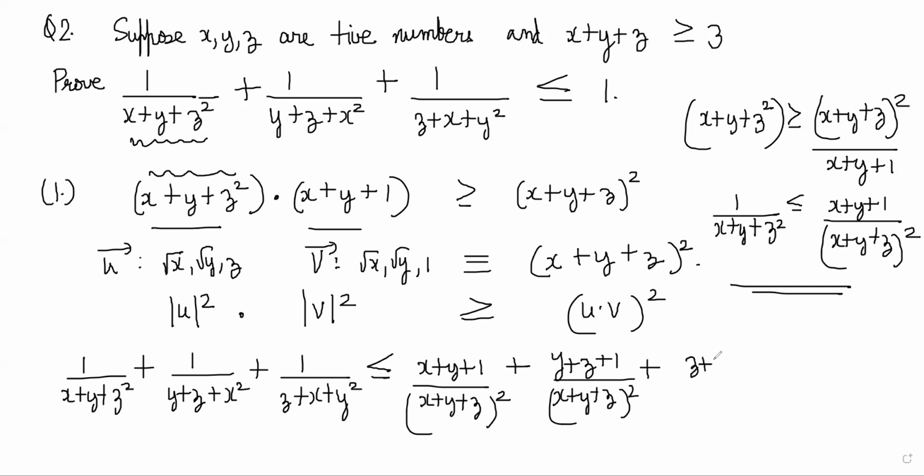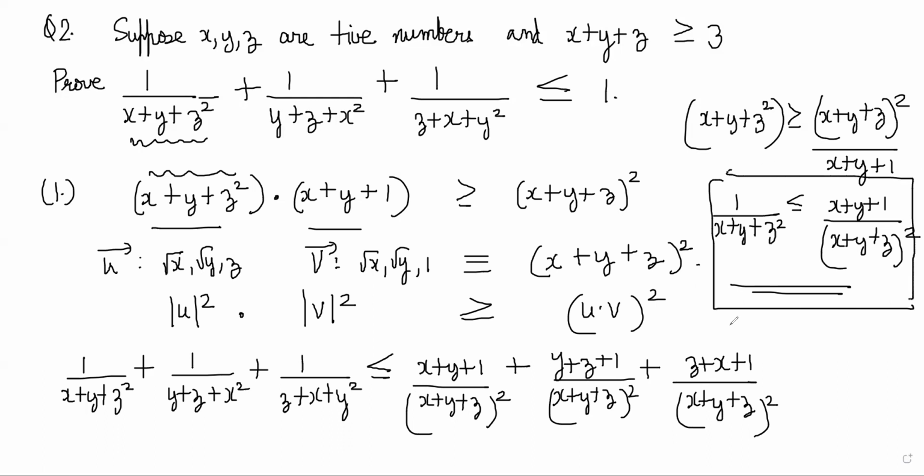And lastly, it will be z plus x plus 1 by x plus y plus z whole square. Because we have established this case, right? So we are using it in all of these places.